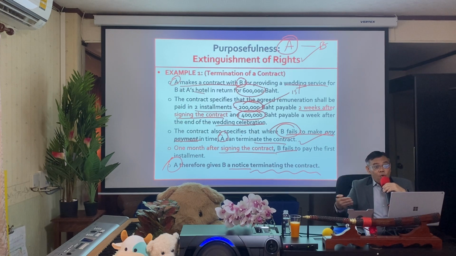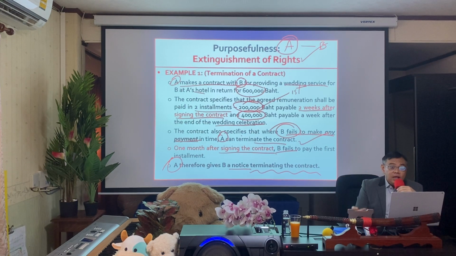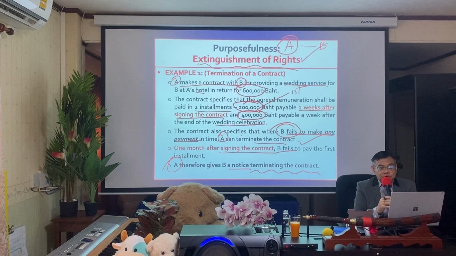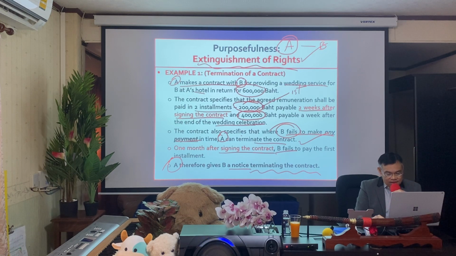So the letter written by A to B is a juristic act which is made for the purpose of extinguishing the rights. The rights under this contract will have to come to an end, in fact.